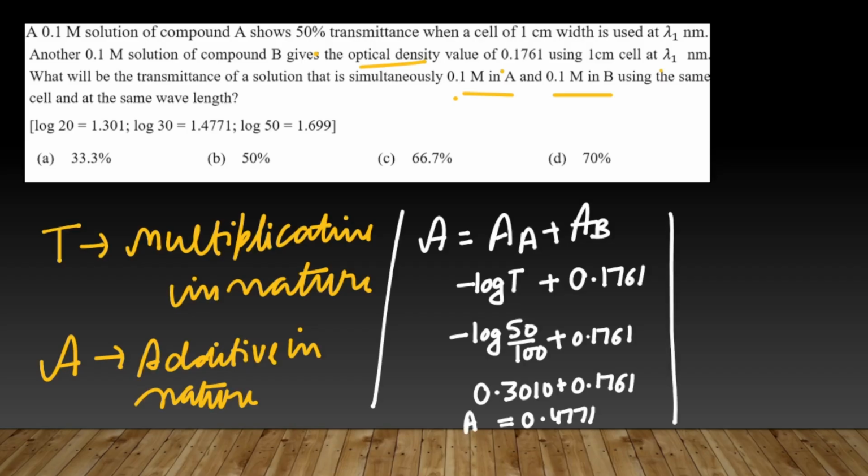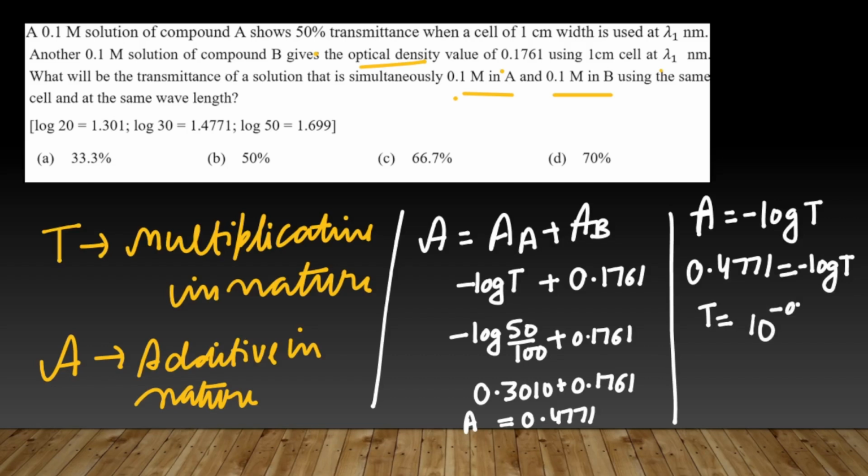Okay. Now we know that this absorbance value is equal to the negative log of T. So this transmittance value you have to find for the overall mixture of solutions A and B. Absorbance is 0.4771. This is equal to the negative log of T. So transmittance you can find from here, which is 10 raised to the power of minus 0.4771.